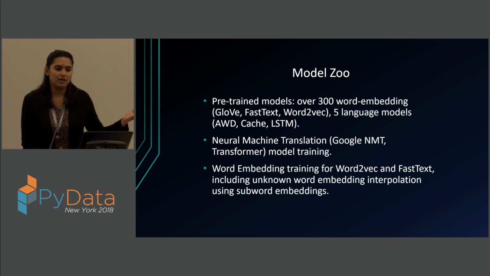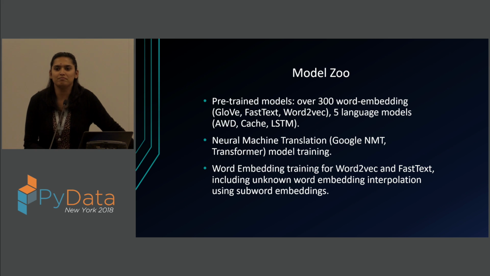For example, if any of you are hands-on NLP people, you probably heard of this brand new model that Google released called BERT. And so BERT took about 700 to 900 days to train on the Google TPU cloud.